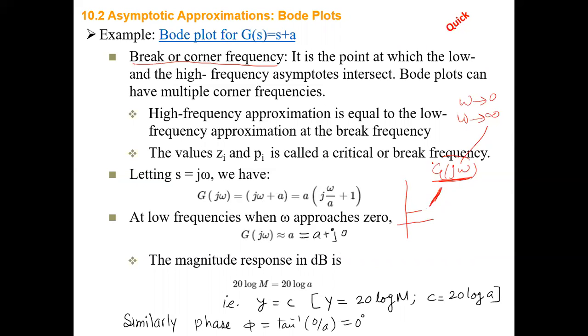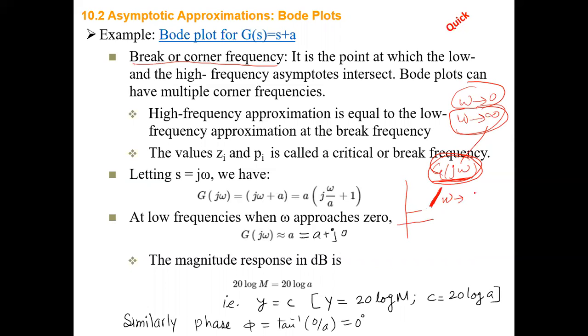You have a function of j omega. Now I'm trying to study two extremes. One is when omega tends to 0. The other is when omega tends to infinity.